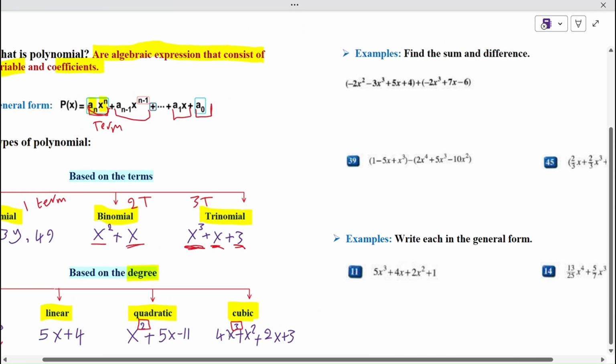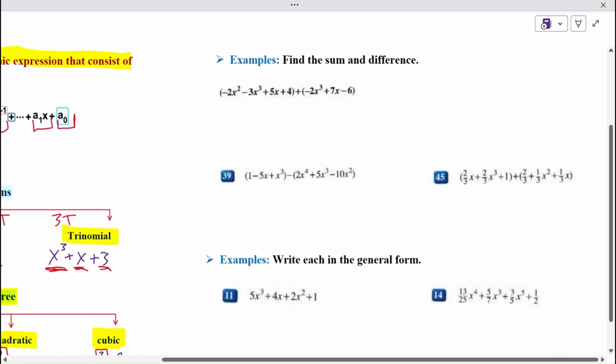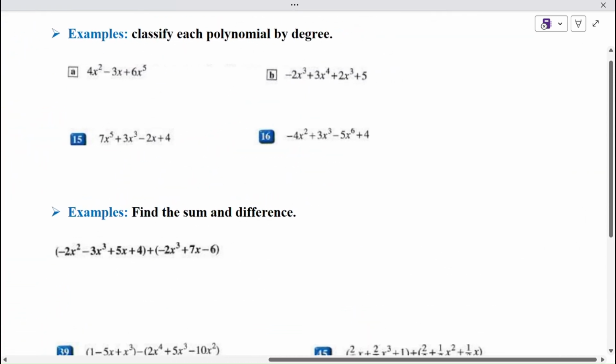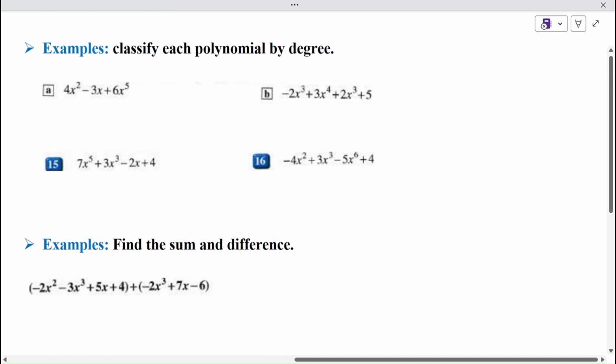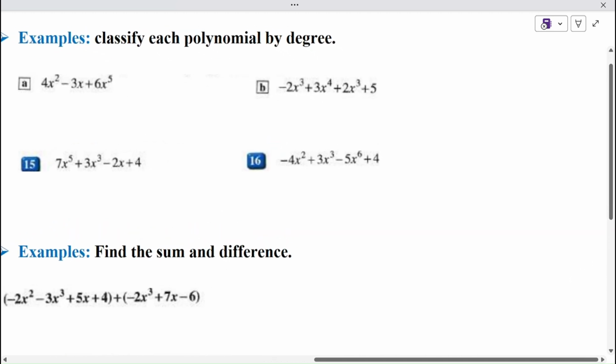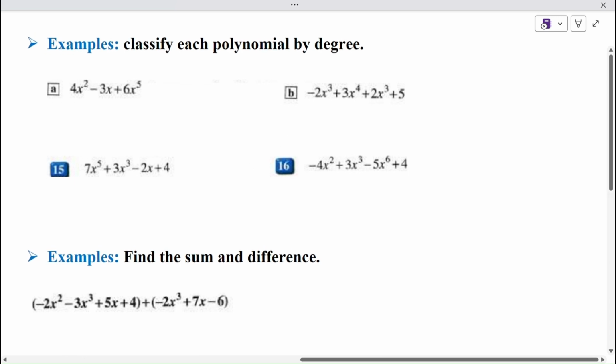So let's apply this to some examples. The first example: we have to classify each polynomial by degree. Look here. What is given?